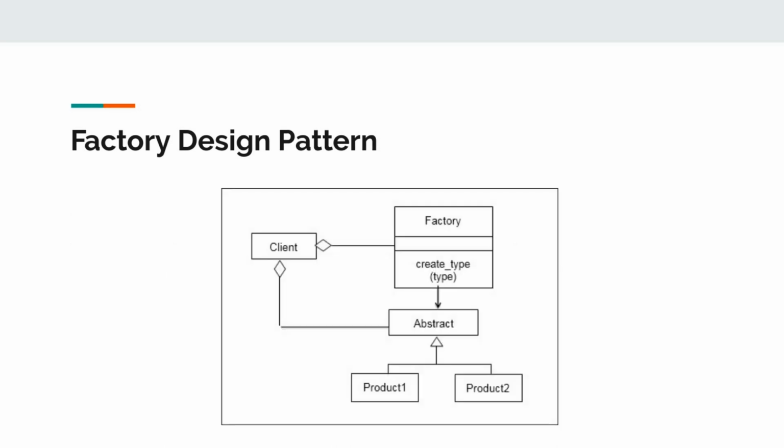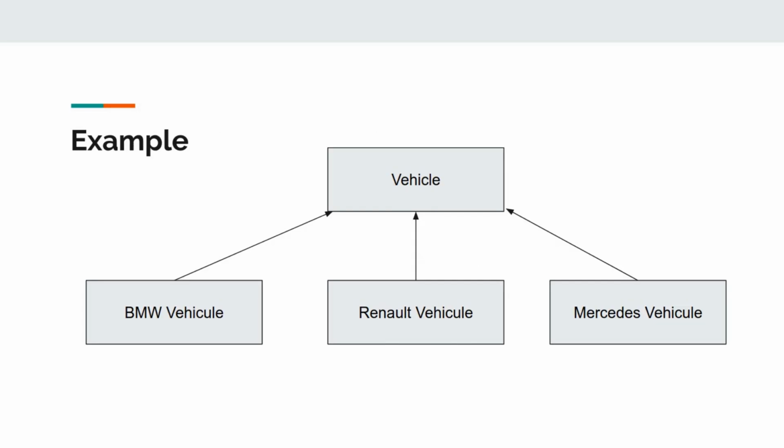So if we have, for example, a hierarchy of classes, and we want to give the user, for example the client here, a common interface to create different products, for example product 1, 2, 3, 4, and so on. This is why we created the factory design pattern.